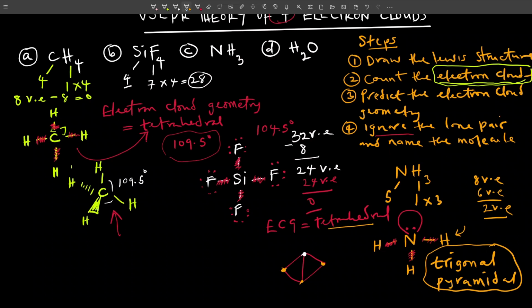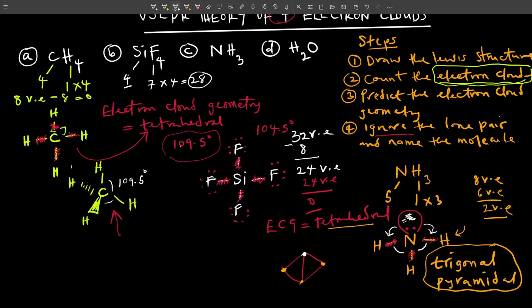Let's talk about the bond angle. What do you think the bond angle will be? The bond angle normally for tetrahedral geometry is 109.5. And one thing you should know is that the electron clouds formed by non-bonded electrons, that's by lone pairs, show a greater force of repulsion, which means that this electron cloud will push these other electron clouds further away, thereby reducing the bond angle.